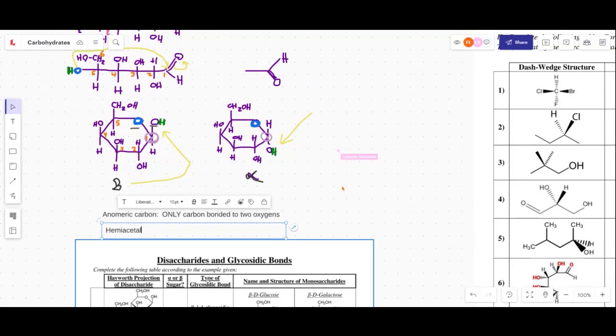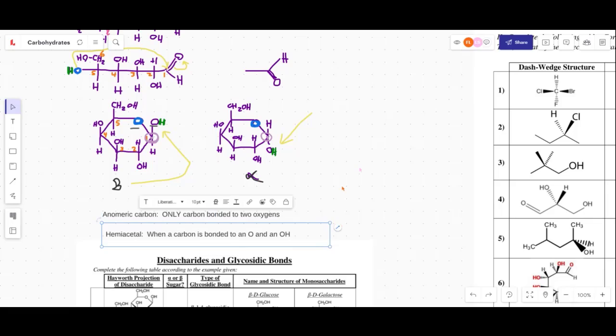A hemiacetal is when a carbon is bonded to an oxygen and an OH.